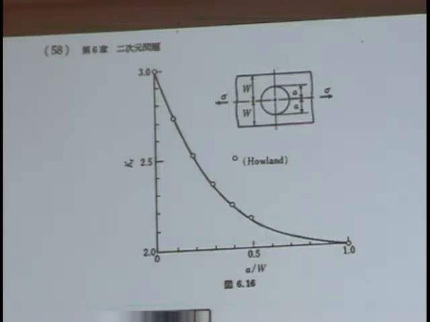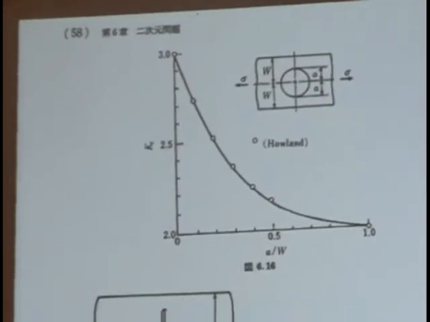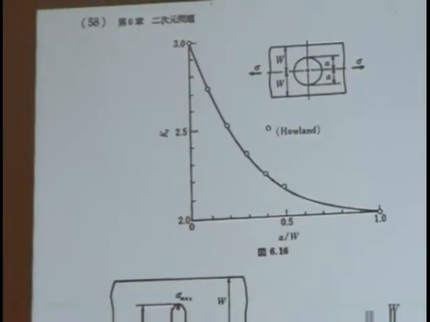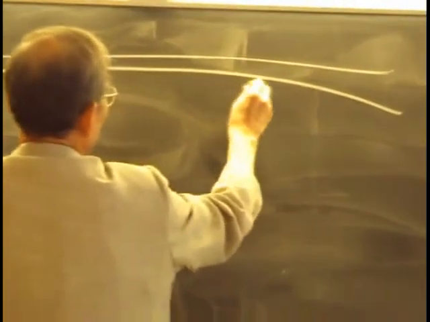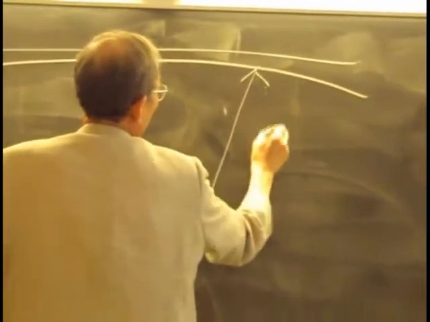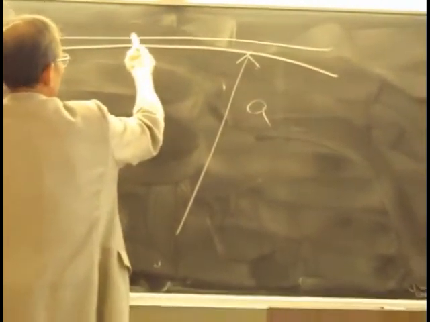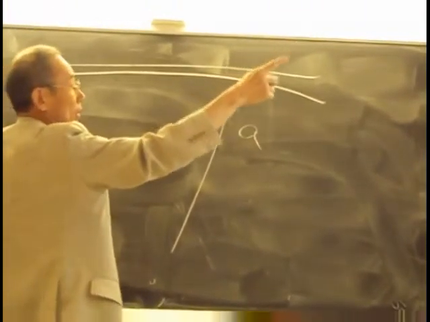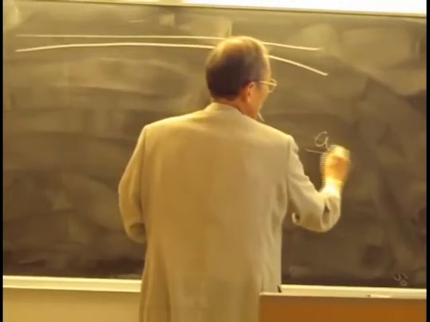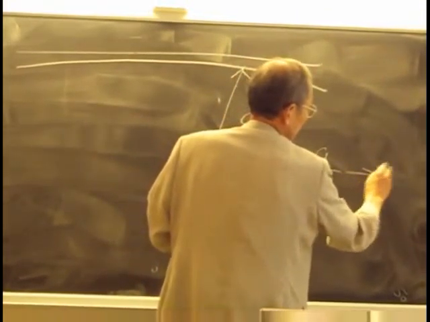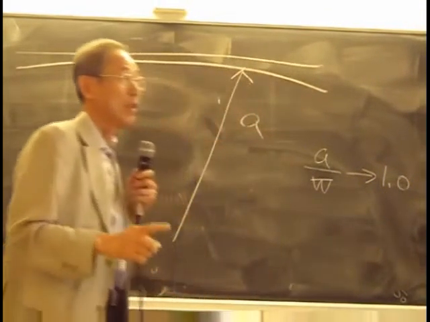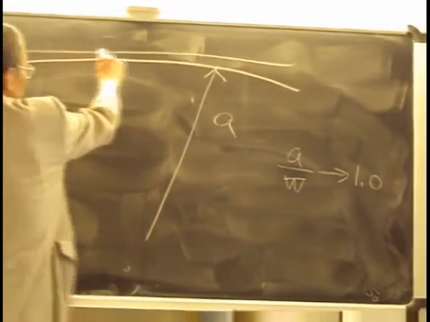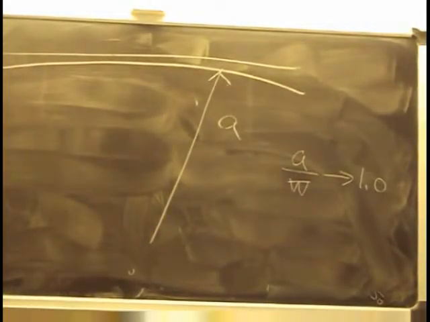This is an interesting problem. In the limiting case, a circular hole like this, with A and this is H, and A over W approaches 1.0. And what happens? This becomes almost straight.